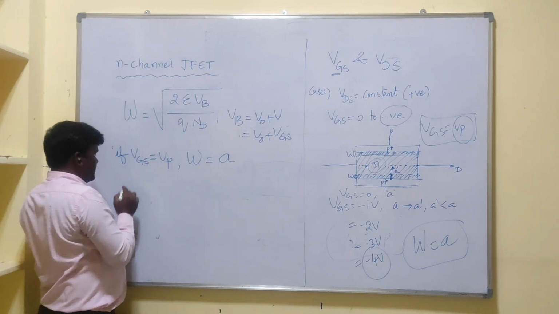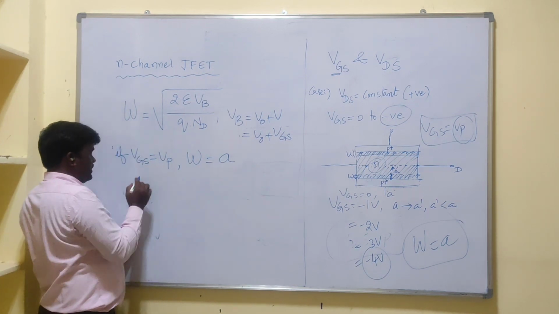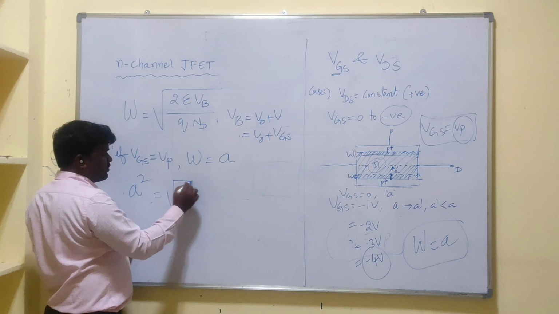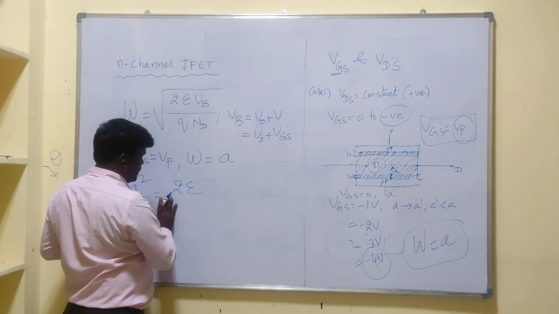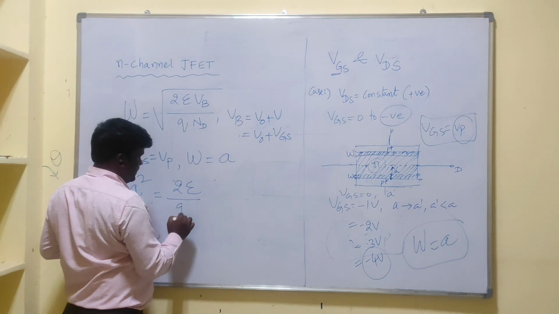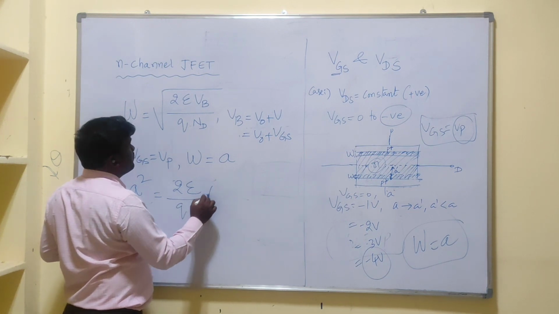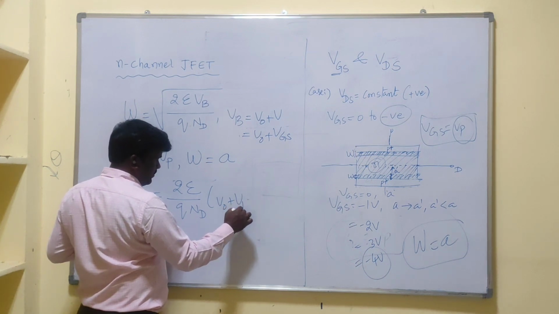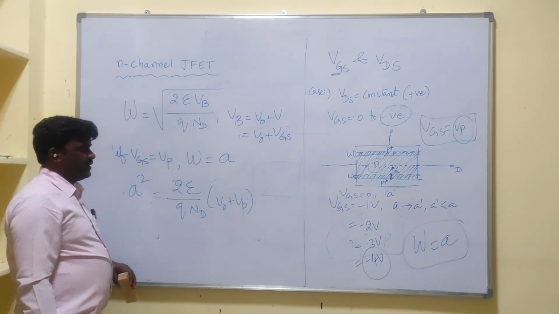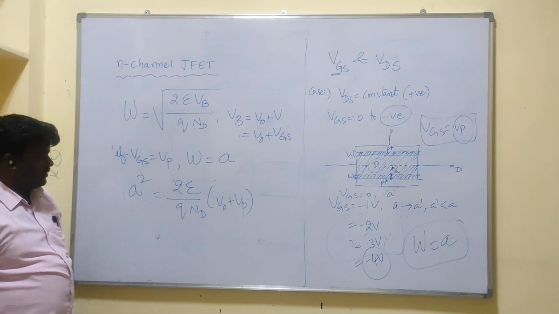Substitute these things here: A, or A square, applying the square on both sides. You will get 2 epsilon VB by QND, where VB is nothing but V0 plus VP.